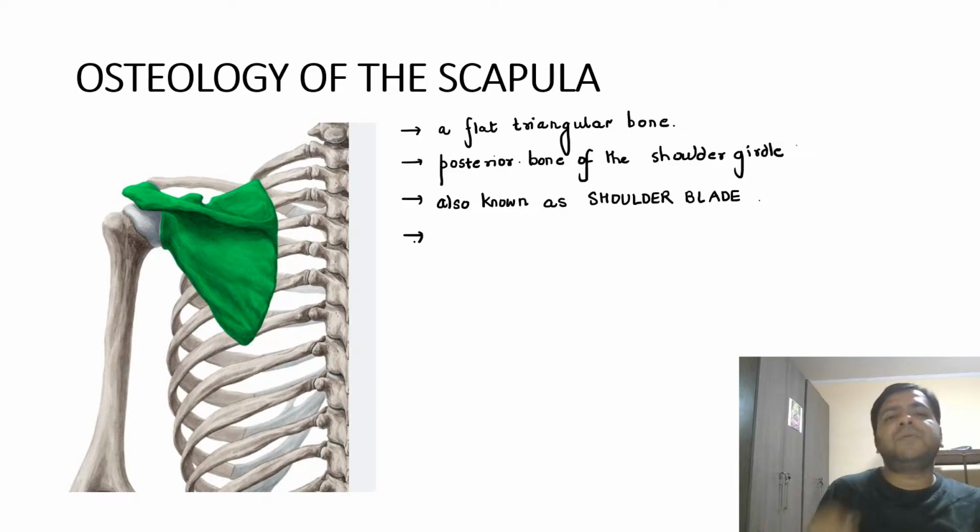Now remember, guys, to which ribs is it related? It is one of the MCQ questions which has been asked previously. First, second, third, fourth, fifth, sixth, seventh, eighth.